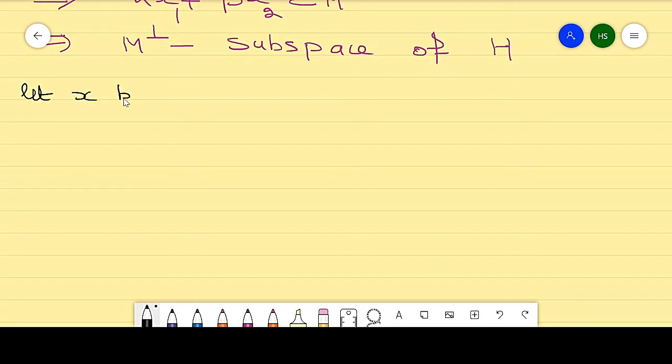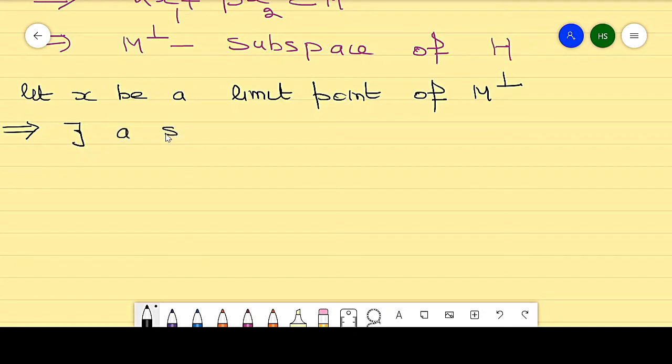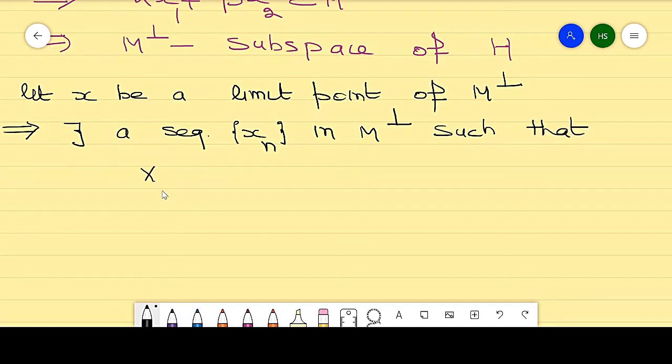x be a limit point of the orthogonal complement of M. If it is a limit point of the orthogonal complement of M, then there exists a sequence xn in the orthogonal complement of M such that xn converges to x as n approaches infinity.